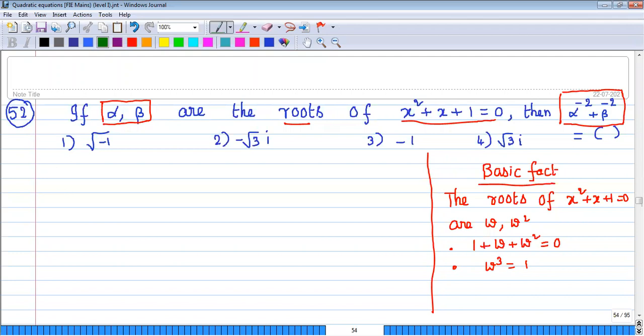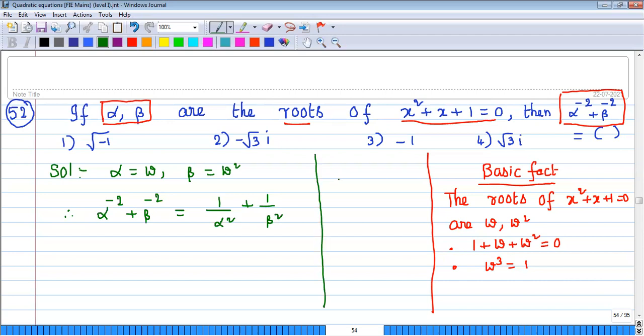So here, alpha is equal to omega, beta is equal to omega square. Therefore, alpha to the power of minus 2 plus beta to the power of minus 2. Alpha to the power of minus 2, we can write 1 by alpha square. Beta to the power of minus 2 is 1 by beta square.